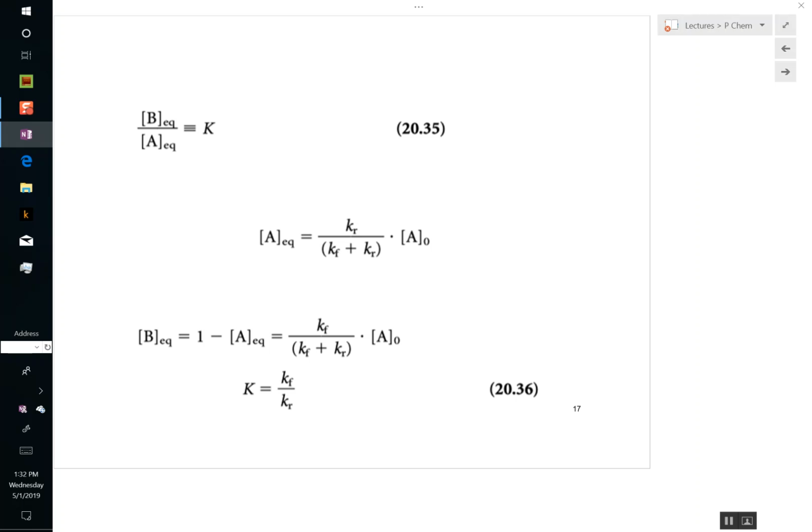But the beauty here is that the kinetics and the thermodynamics are converging on one another when you get out to equilibrium, and you can get an expression that relates the equilibrium constant to the forward rate constant divided by the reverse rate constant. Here's your kinetics, here's your thermodynamics, when the reaction finally reaches equilibrium.